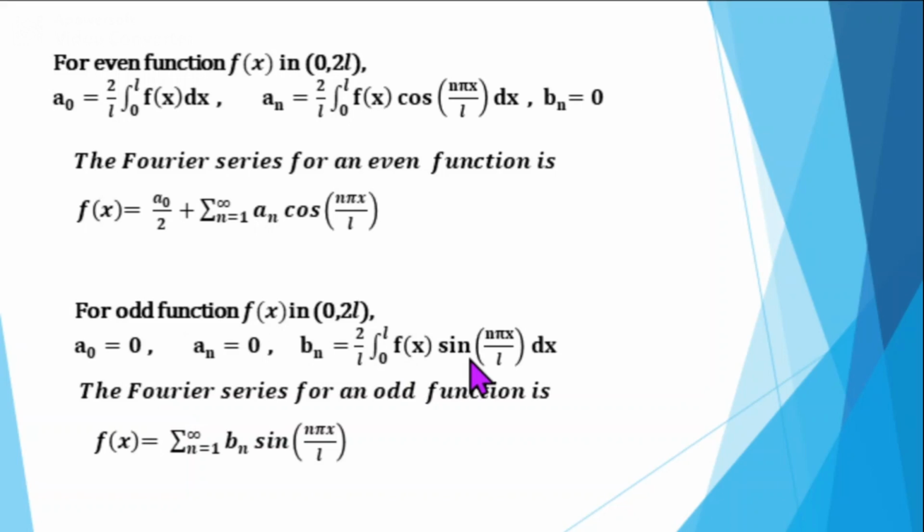The Fourier series for an odd function is f of x equal to summation n from 1 to infinity bn sin n pi x by L. Here note that for a function defined in the interval minus L to L or 0 to 2L, the Fourier series will be the same, and the formulas for a0, an, bn will be the same for even and odd functions.